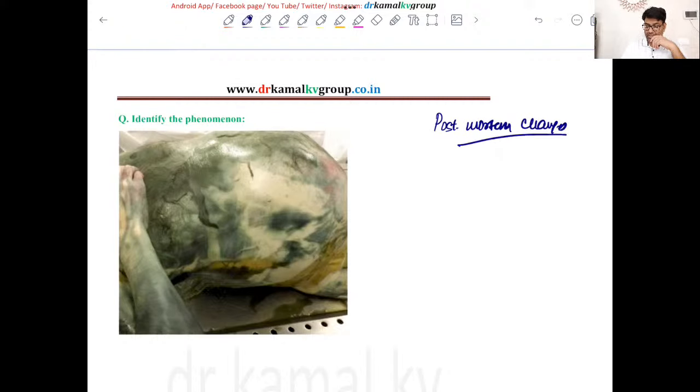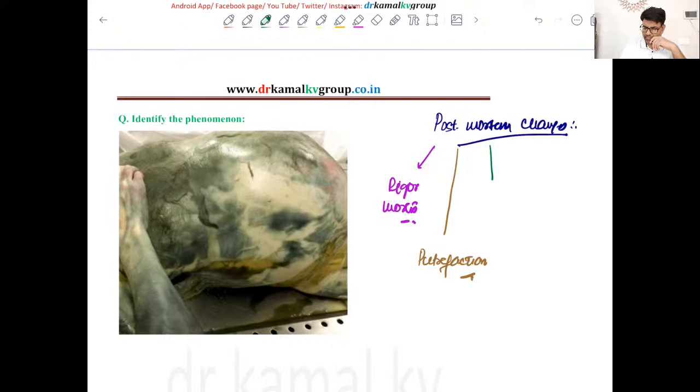See, if there is a question which is image based about post-mortem changes, then there are four entities which you need to remember. One is an image about rigor mortis, or there can be an image which may be showing putrefaction, or changes like marbling, right?